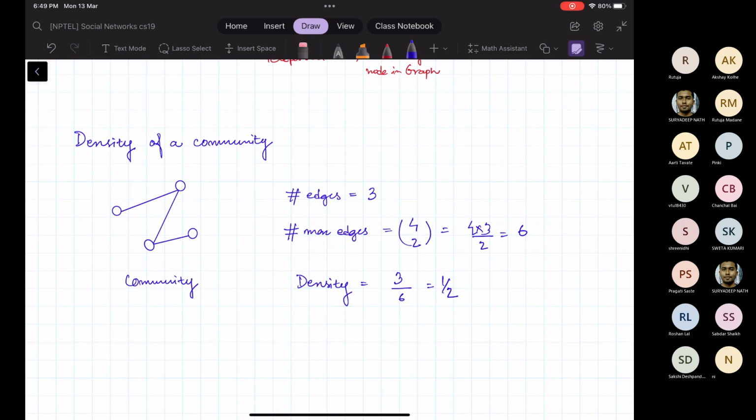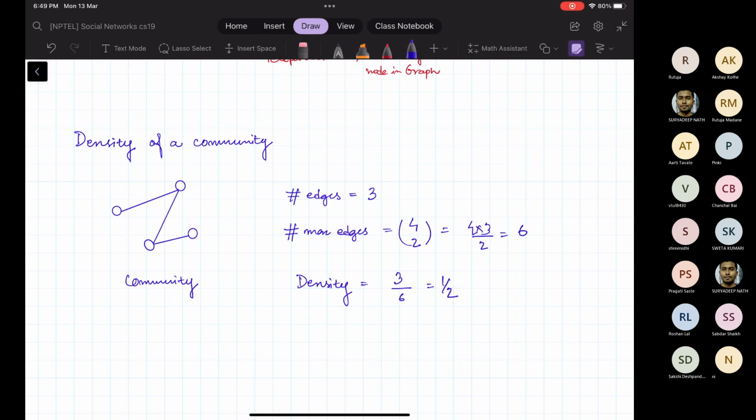4 choose 2 means you have 4 nodes and you are choosing. How do you choose an edge? You pick any 2 nodes and draw an edge between them. So in a fully connected graph, you pick any 2 nodes and draw an edge between them.